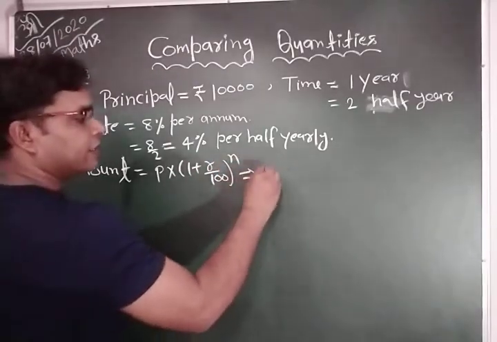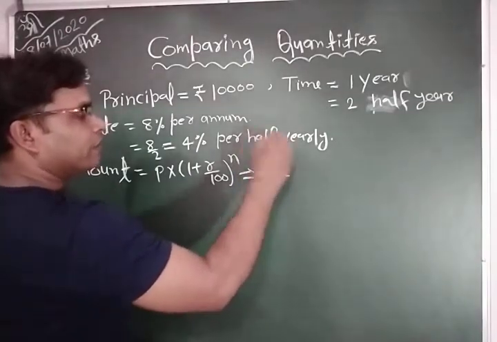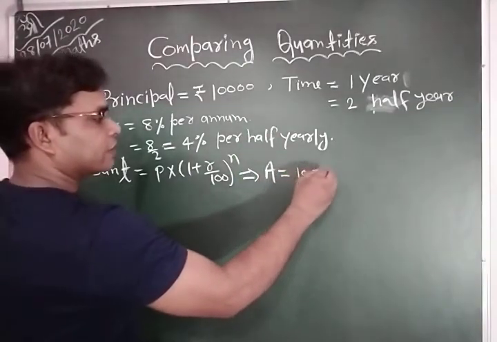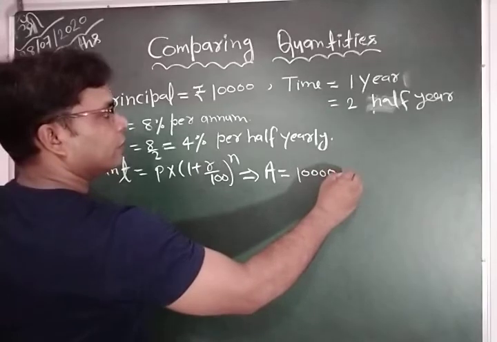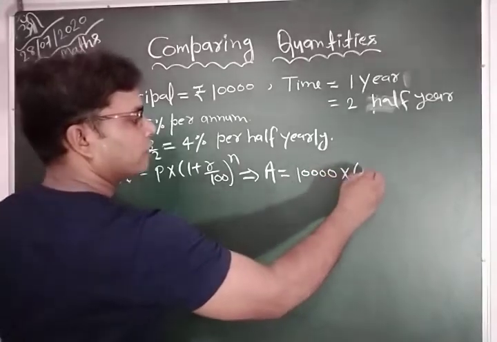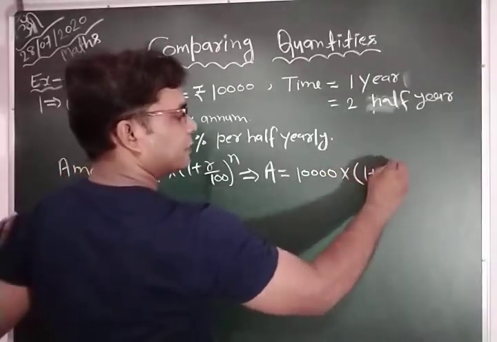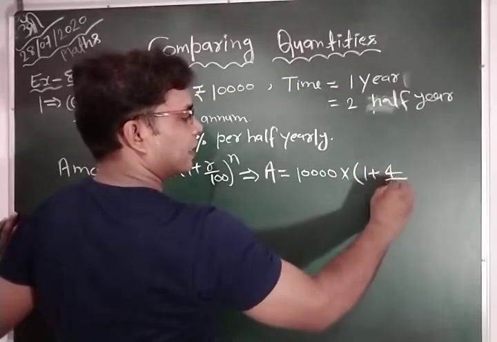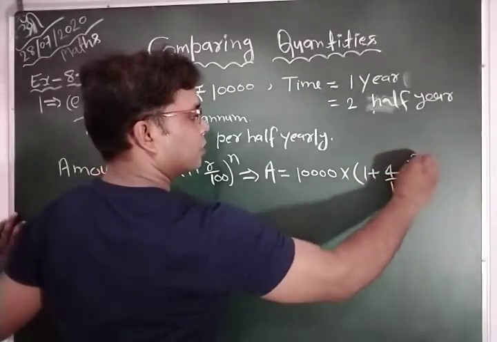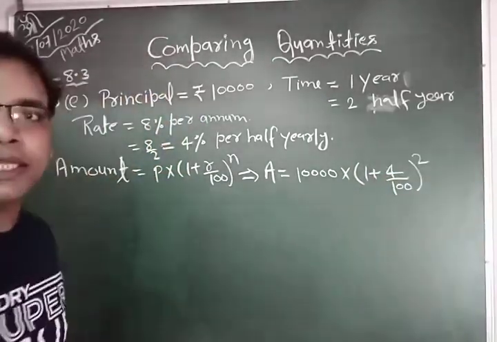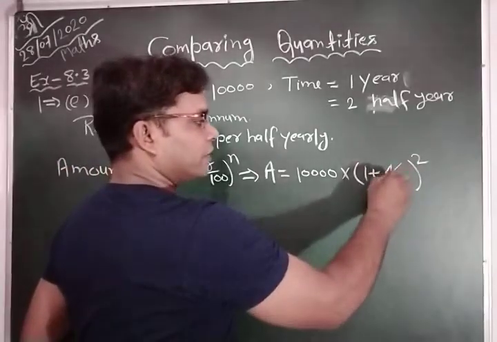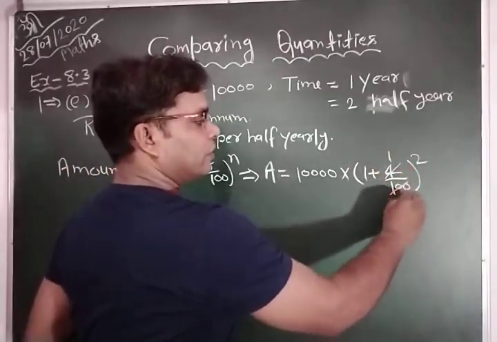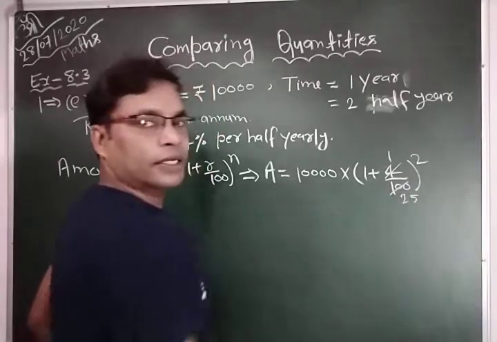We take A to represent amount, P is here 10,000 into 1 plus rate 4% by 100 to the power 2. Clear? Now 4 ones are 4, 4 twenty-fives are 100.